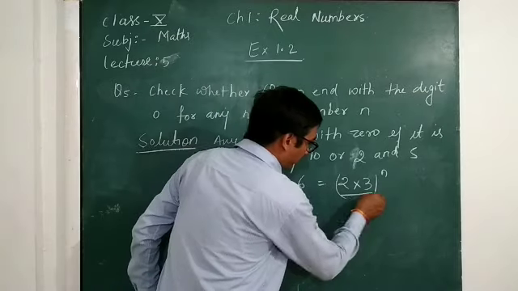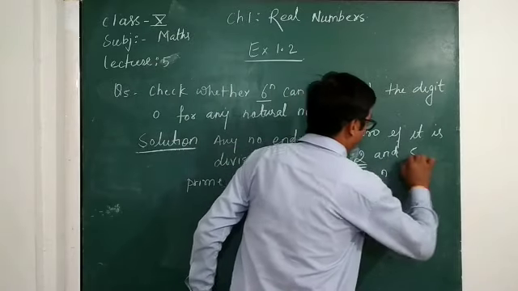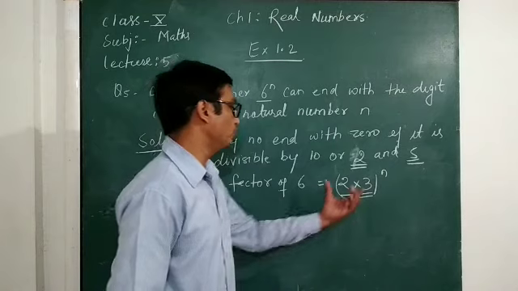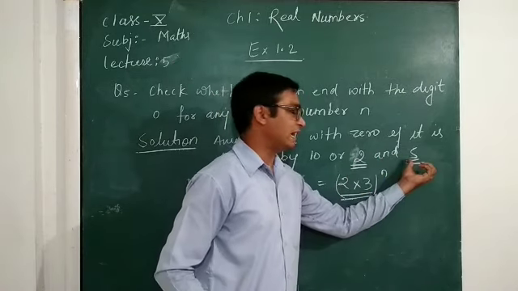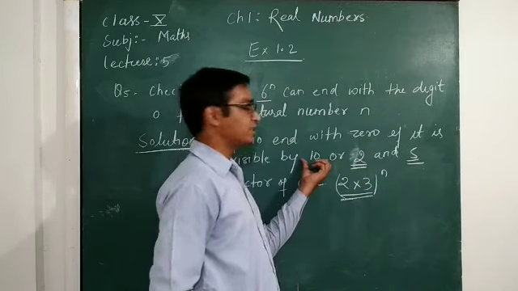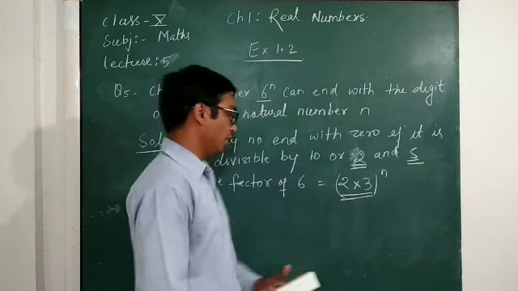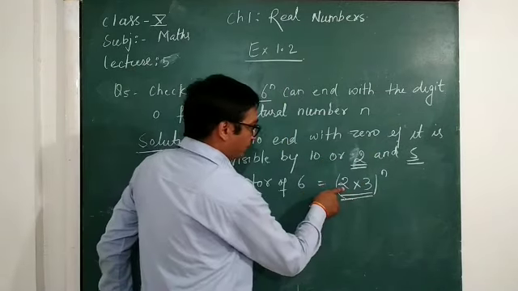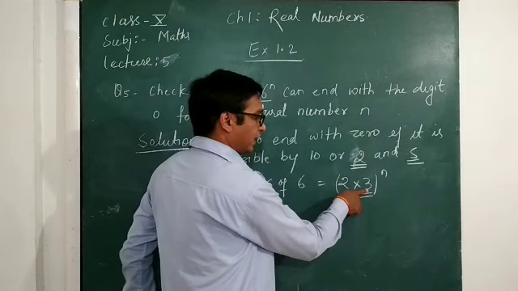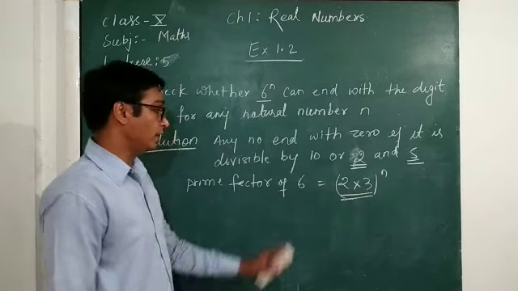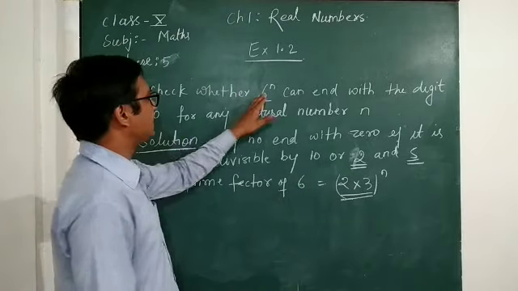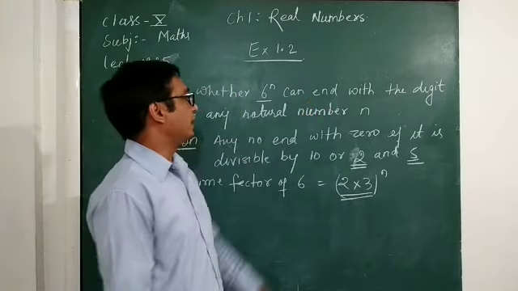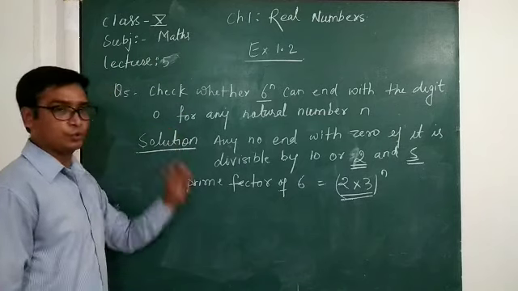Here your number should be divisible by both 2 and 5, or you can say it should be divisible by 10. So here you can see there is 2 but there is no 5. So you can say that this number 6^n cannot end with 0.